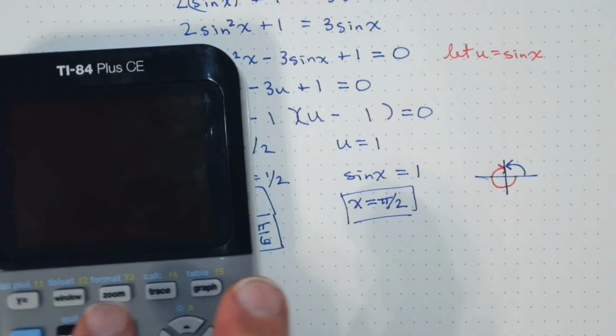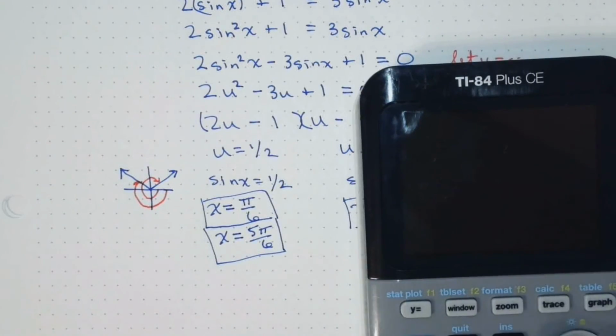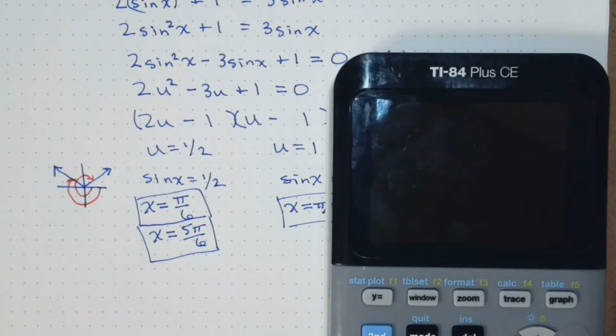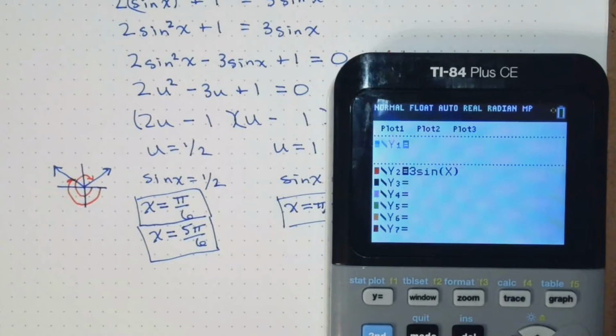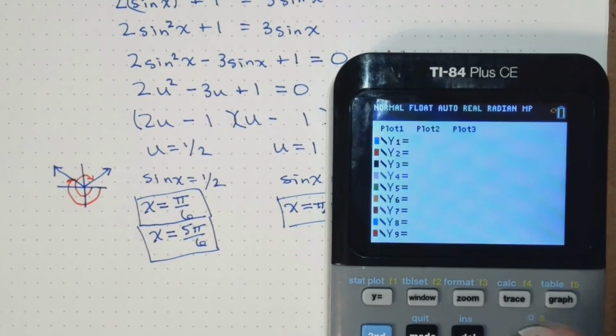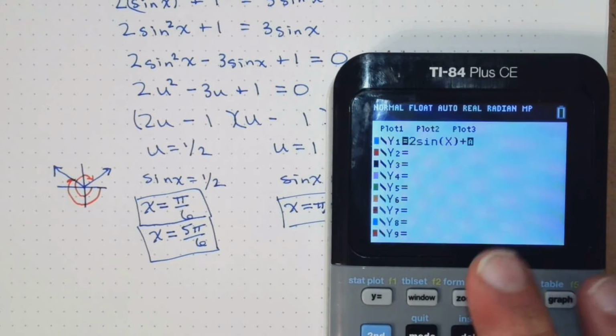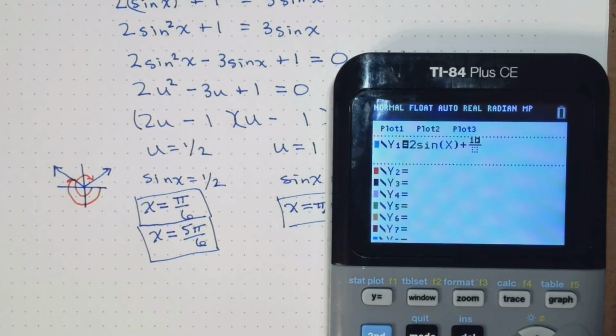Okay. Could I look at it graphically to double check my work? Sure. Let's look at this graphically. All right, we turn it on. Go to y equals. Let's clear our graphs. And we can say, well, I've got 2 times the sine plus, now cosecant is the reciprocal of the sine, so I've got to make sure I use the reciprocal of the sine.